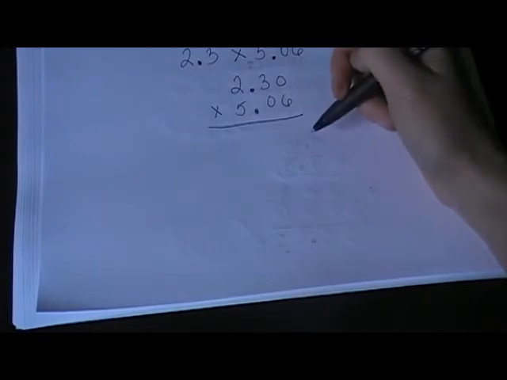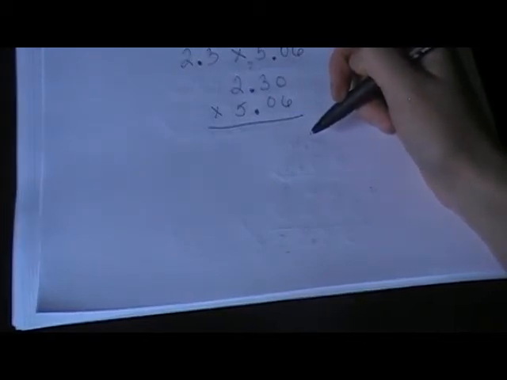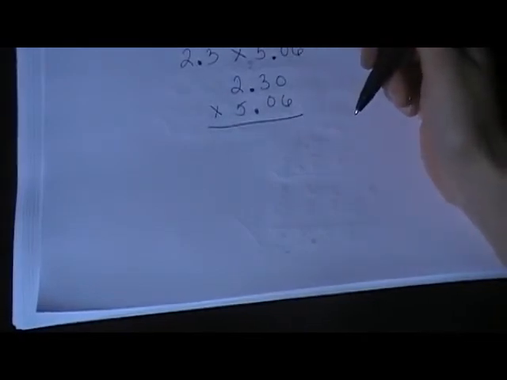Now, is this wrong? Absolutely not. You will get the same product as you would if we were to do it the much easier way. But there's so much more work in here.